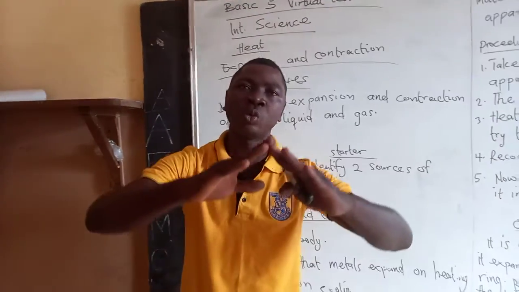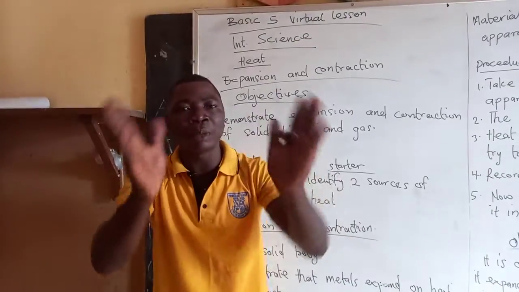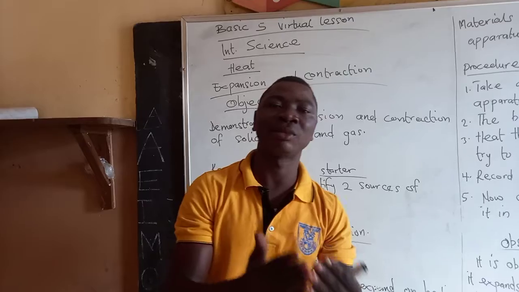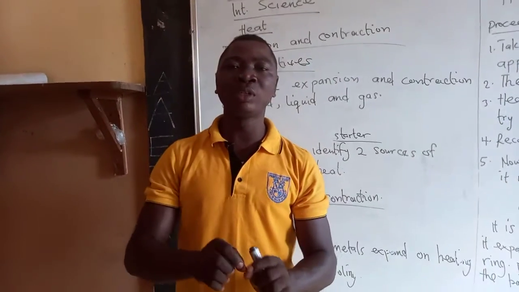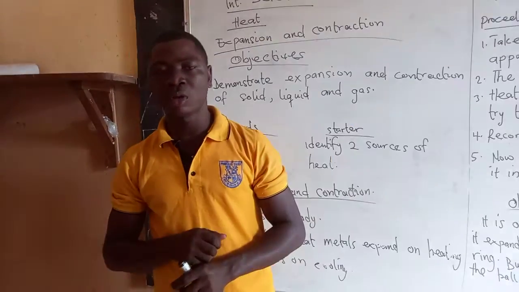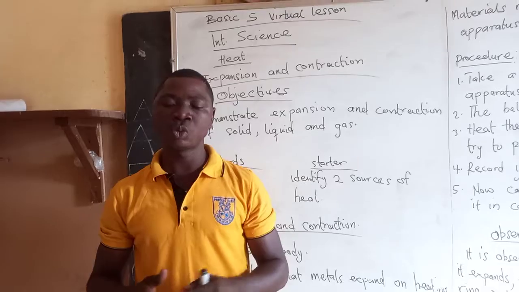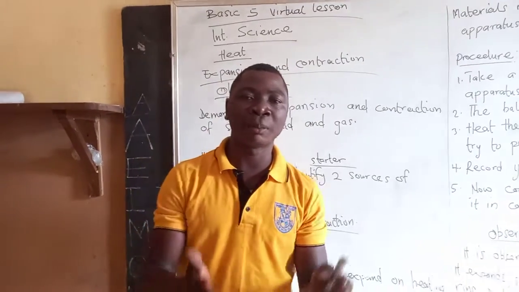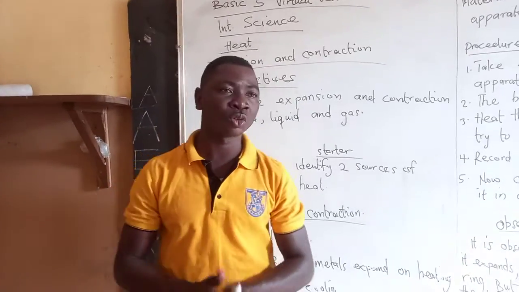You see that the balloon will expand, it will become big. If the thing is becoming big, it is expanding. Again, when you deflate the balloon, what will happen? The balloon becomes small. You say that the balloon is contracted.